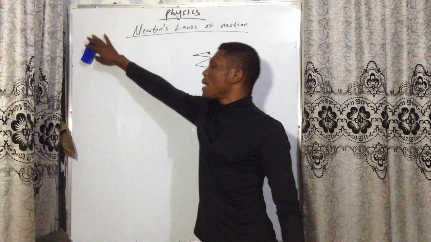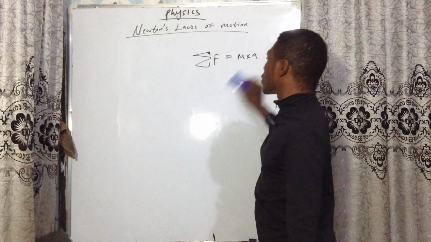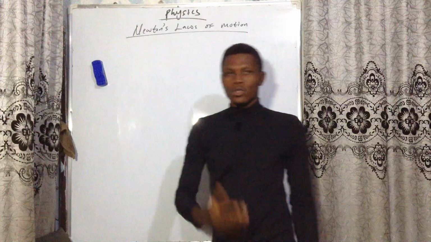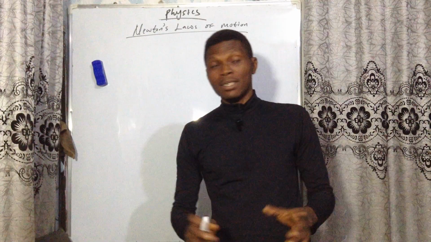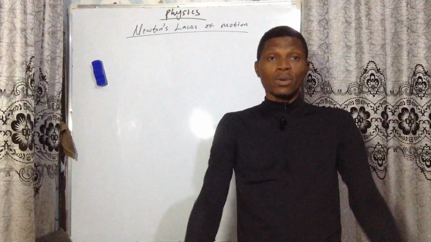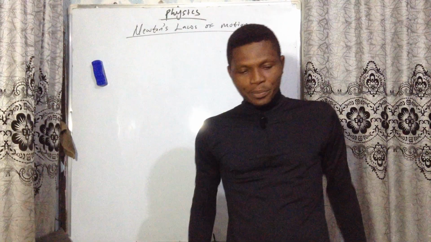Now, it is bad that after studying Newton's laws of motion, you don't imagine the laws yourself. It is a very bad thing. You just know the equations, use them, solve the problems and go. Okay, let me tell you something.